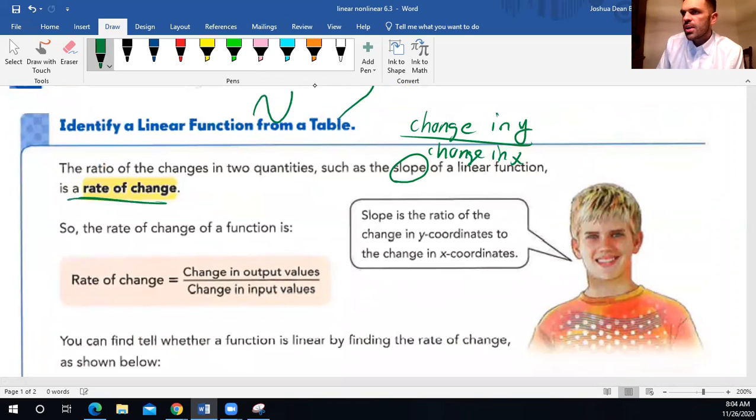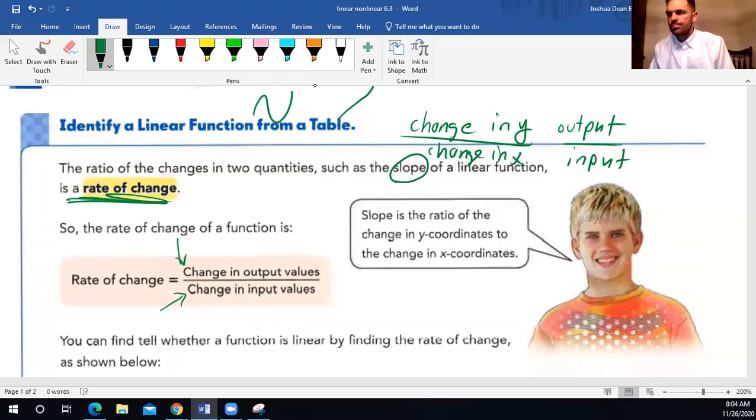The rate of change is the same thing as the slope. It's the change in the output values divided by the change in the input values. And remember, guys, our output is always the y values. Our input is always the x values. So rate of change is the same thing as slope. But when we talk about functions, we talk about rate of change instead of slope.